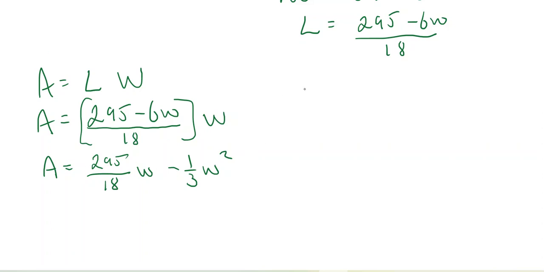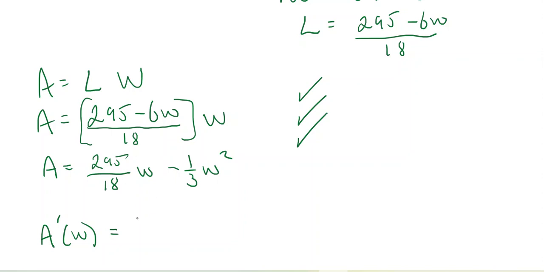So the process: step number 1, determine the objective function. We've done that. Step number 2, determine the constraint. We've done that. Step number 3, substitute the constraint into the objective function. We've done that. It's now time for step 4, which is to optimize, which means we want to find the derivative of A with respect to W, because that's our independent variable now.